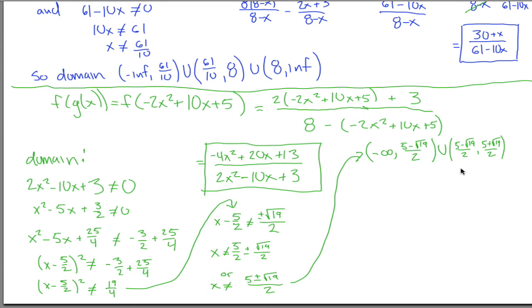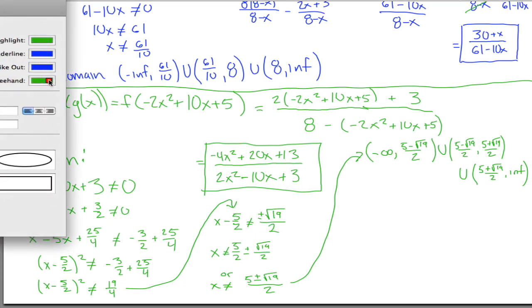I don't think I'm going to be able to squeeze that in there. Another union, my third interval will be 5 plus root 19 over 2 all the way up to infinity. So this mess right here is my domain.